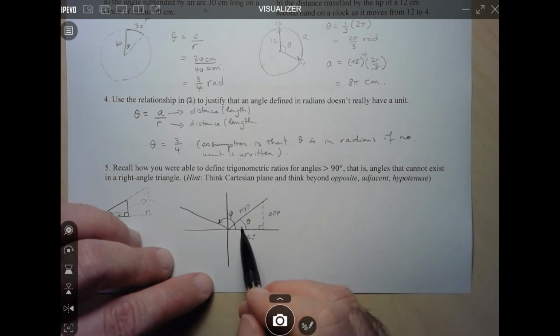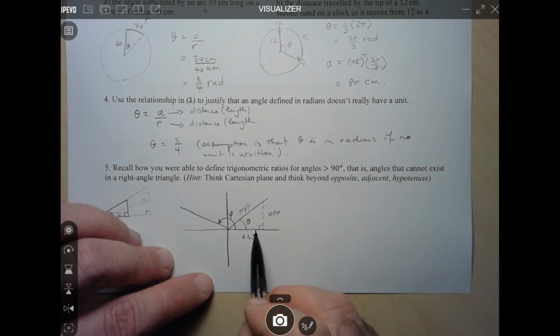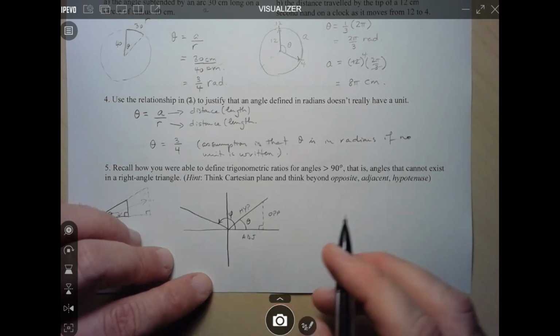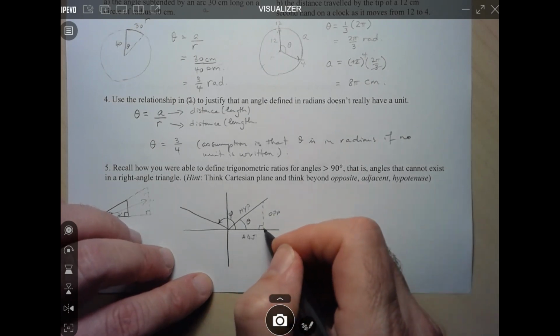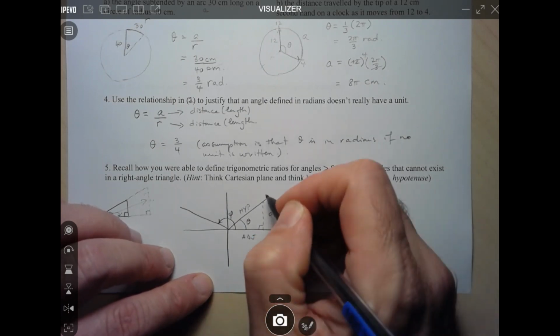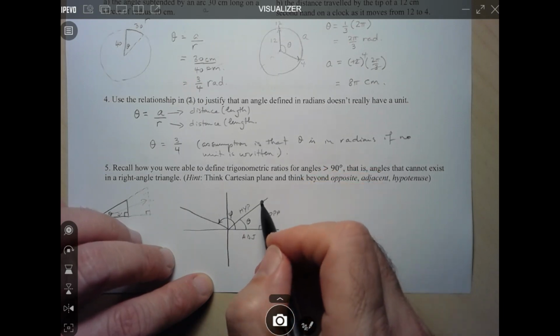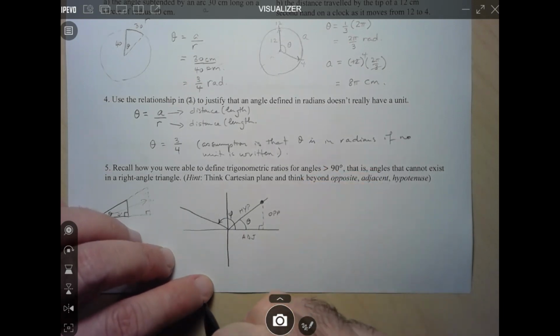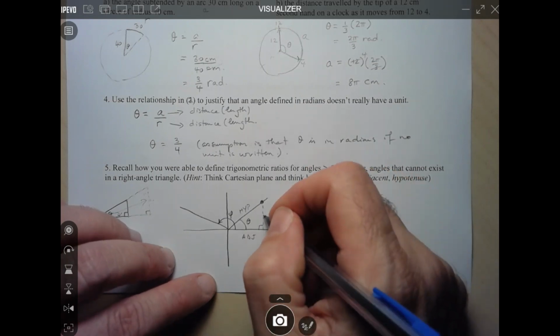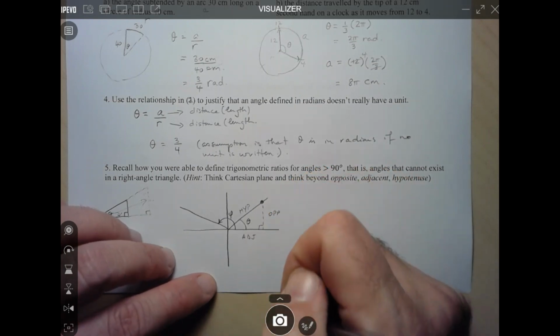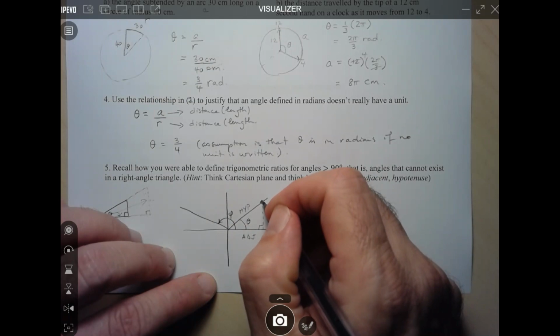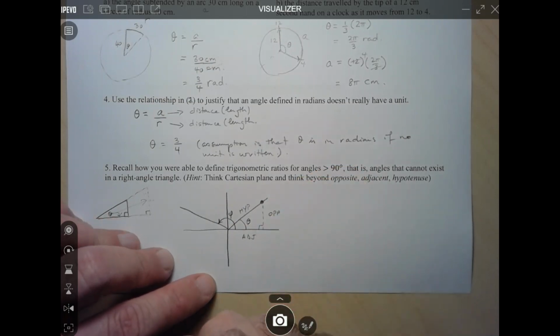Instead of thinking of the opposite side, the adjacent side, and the hypotenuse side of this triangle, we realize that the adjacent length here just represents the x value of this point on the terminal arm, and the opposite side just represents the y value of this point on the terminal arm.